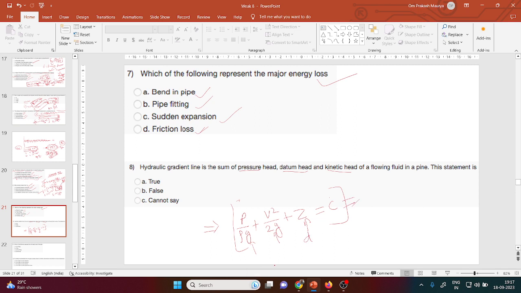All the energy is represented by the energy gradient line, not the hydraulic gradient line. But here the question is about the hydraulic gradient. So what does the hydraulic gradient line represent? The hydraulic gradient line represents your datum head and the pressure.